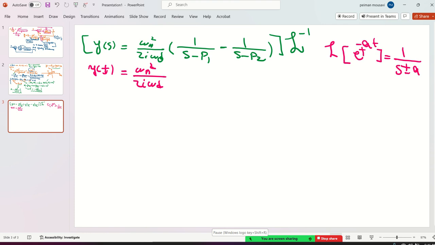See what I'm saying? So because here's minus, you're going to be plus. So you're going to have e to the p1 t minus e to the p2 t. Here we go.